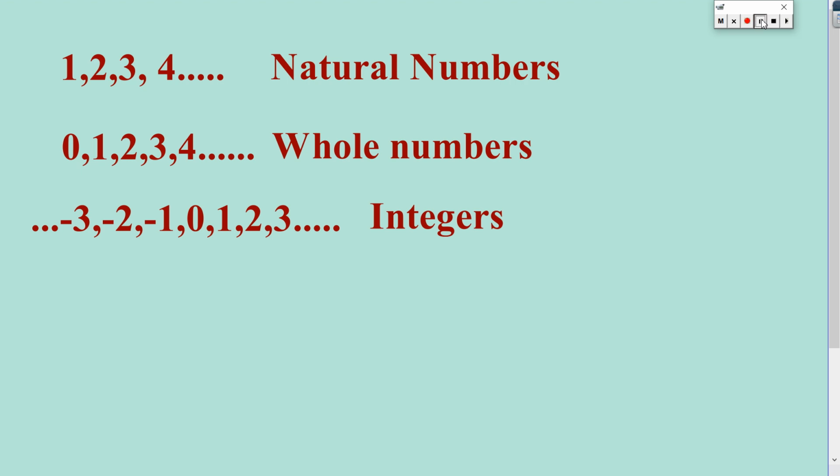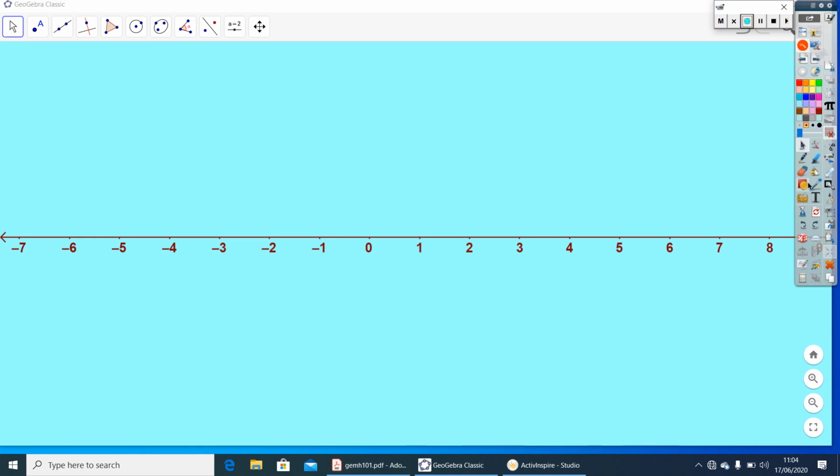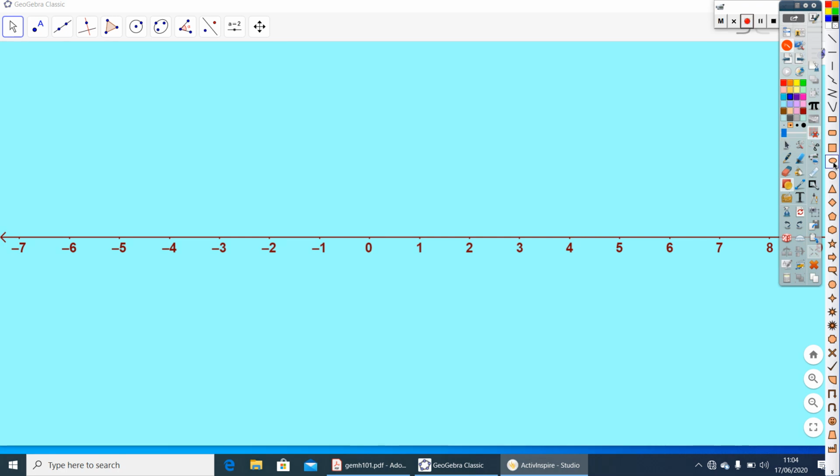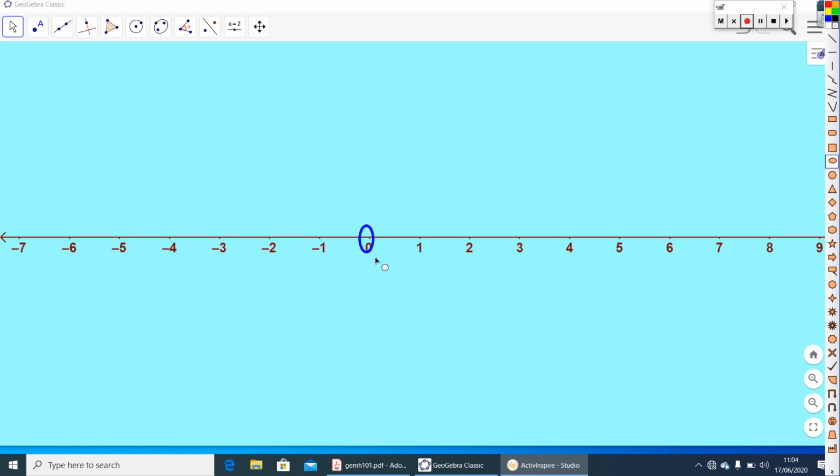Here, a line is divided into equal divisions, and in the middle we can write 0.